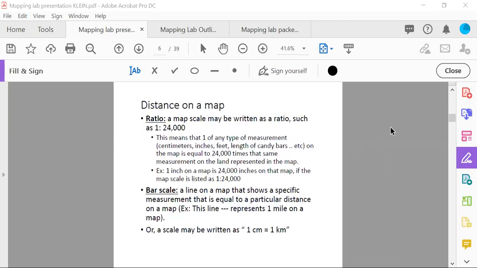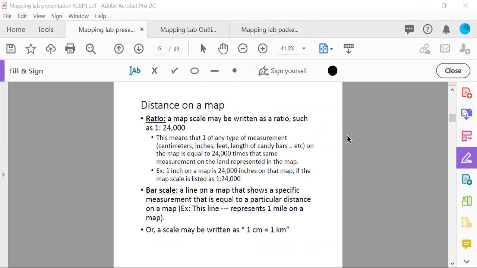Then we could talk about how to look at distances on a map. You could look at distance using a ratio scale. That's when a map scale is written as a ratio. For example, you could have 1 to 24,000.